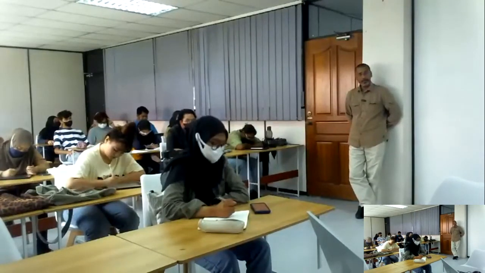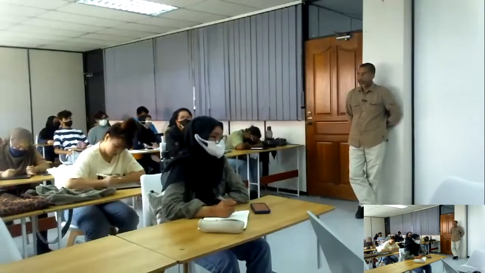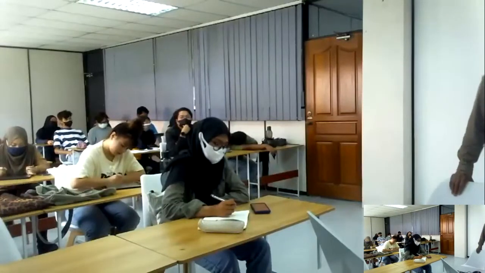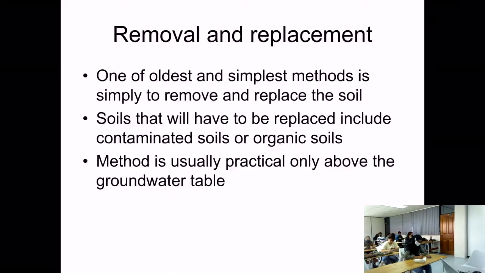But then, like I said, it is only practical until it reaches the water table. Once you reach the water table, this method cannot be used. You have to use another method. So that is why it is limited in most situations.